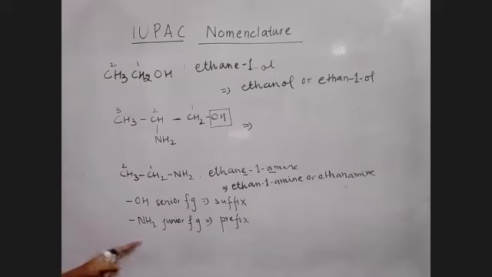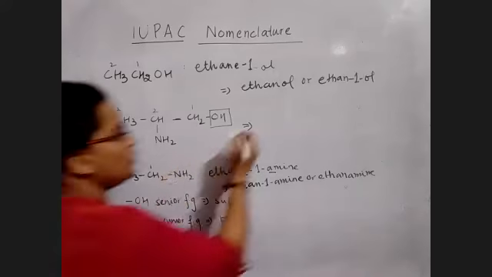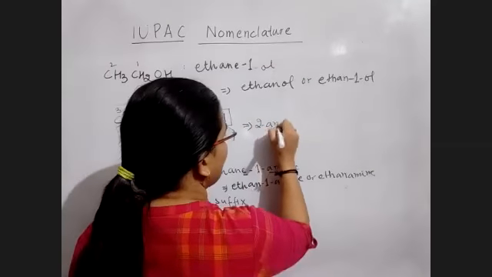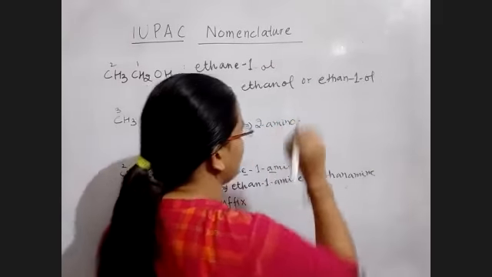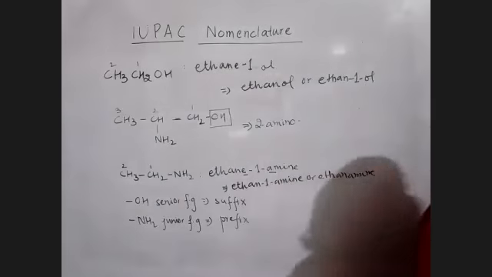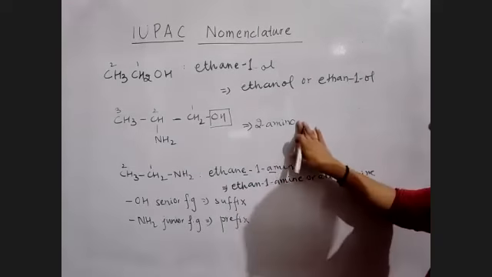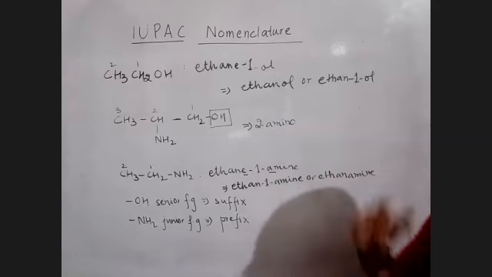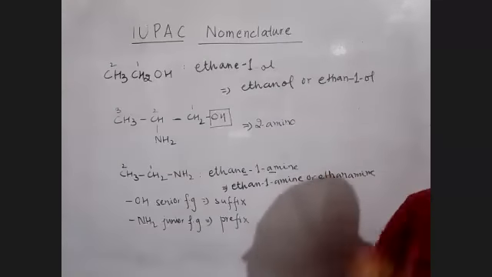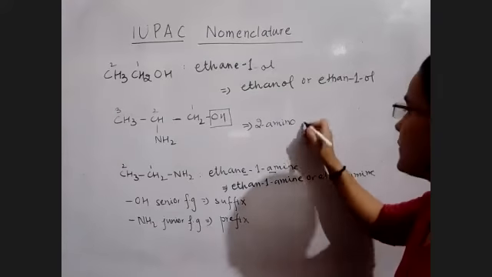For NH2, we'll write 2-amino. Then we'll write down the name of the carbon chain. First the prefix will come. How many carbon atoms are there? 3, so prop.